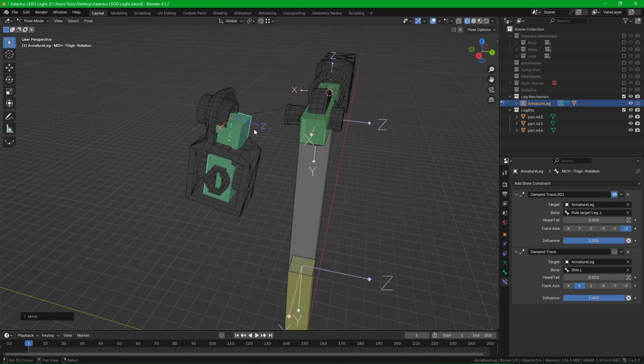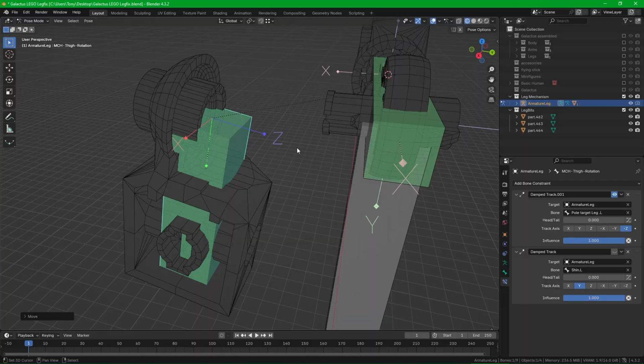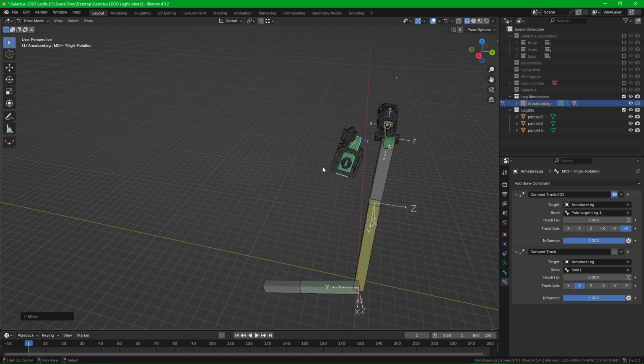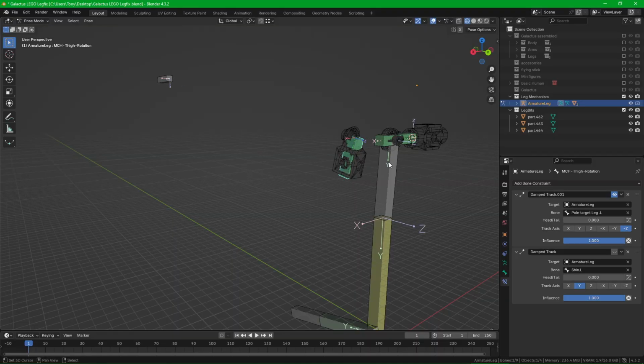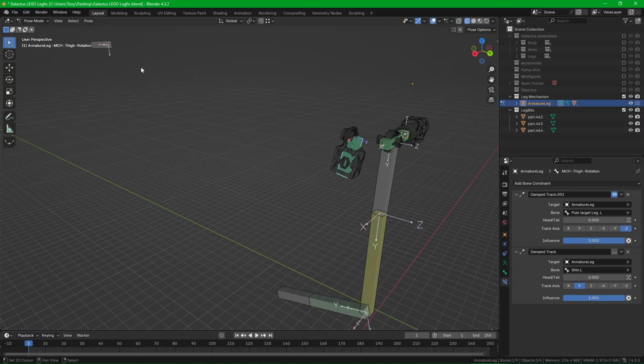Let's move this out of the way. Minus Z, right? And it's talking about this bone here, and if I push Z, it does that. We want that to be facing away from this, so it applies that first, and then it applies Y to be pointing at the shin.